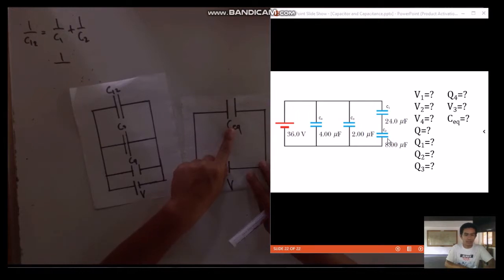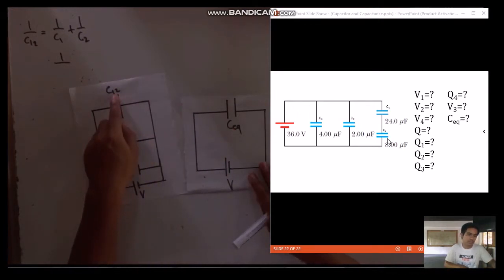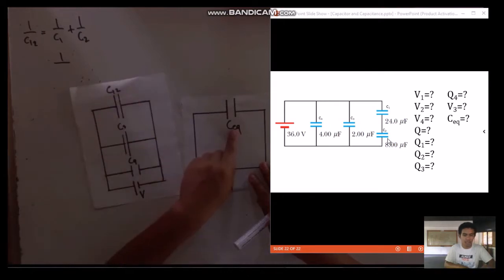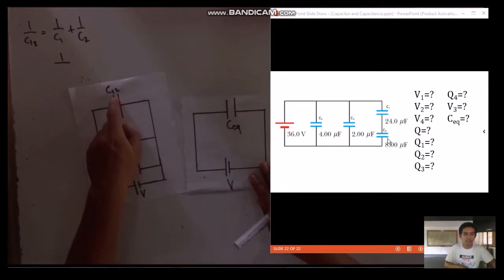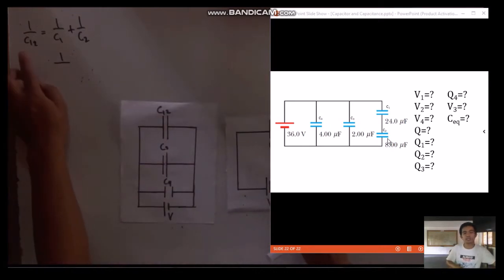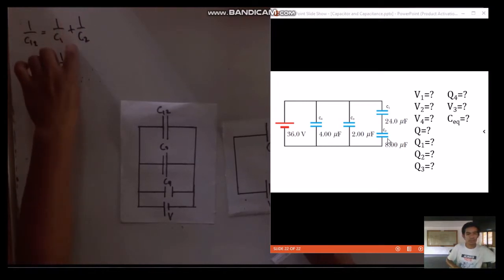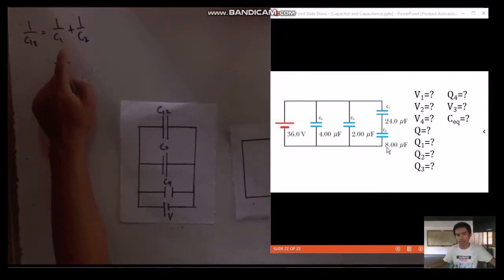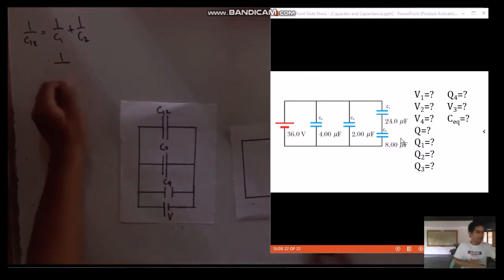So, let us first obtain the equivalent capacitance of C12, because we cannot obtain CEQ if we don't know C12. Since C1 and C2 are connected in series, the reciprocal of the equivalent capacitance of 12 must be equal to the sum of the reciprocal capacitance of each capacitor. So 1 over C12 must be equal to 1 over C1 plus 1 over C2. What's 1 over C1?